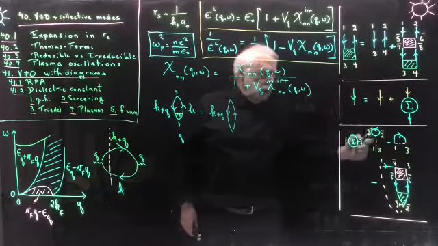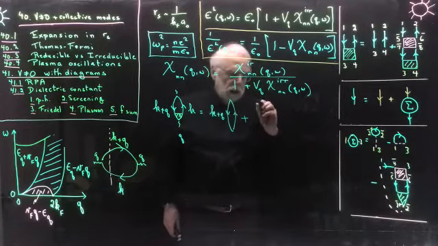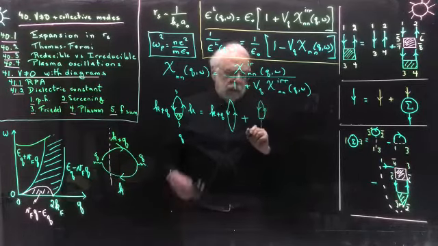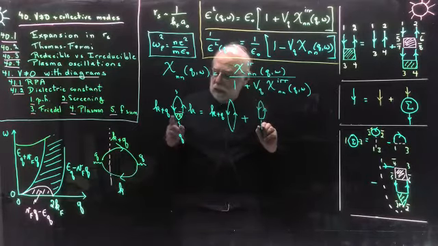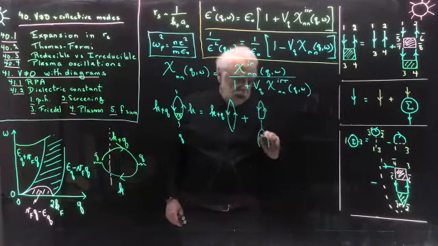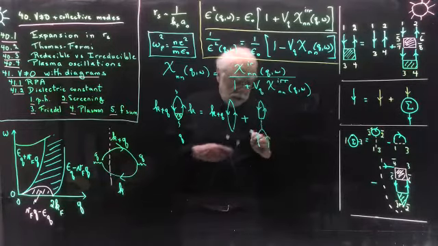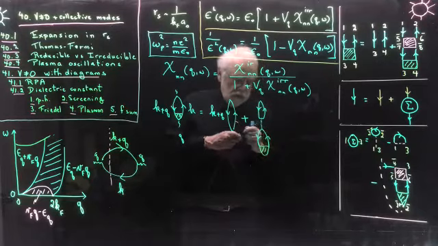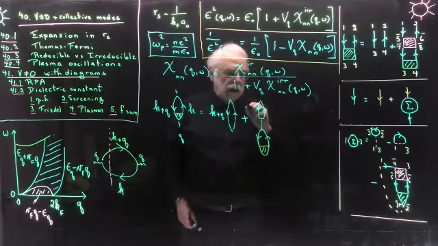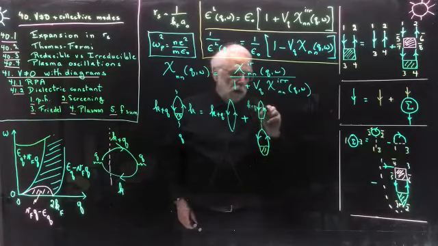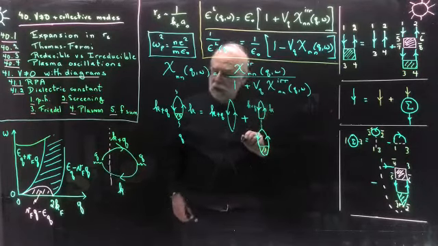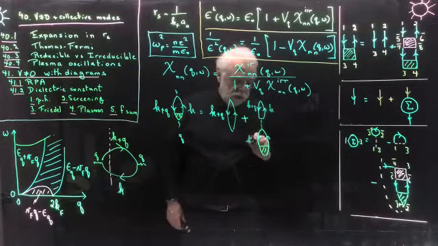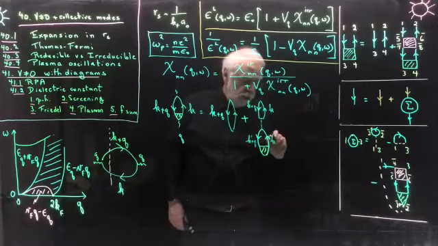And then plus this, so that's plus this times this line here times this guy. So again, we have k plus q, k, and k prime plus q, k prime.